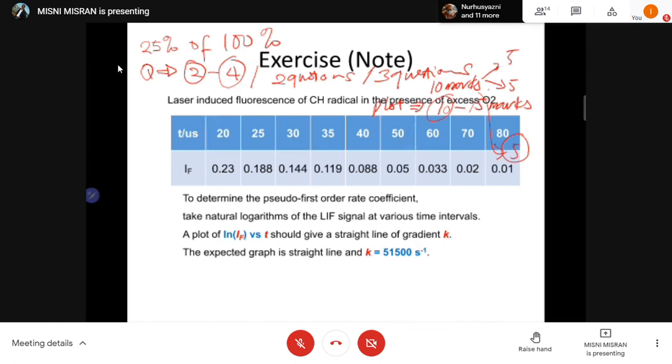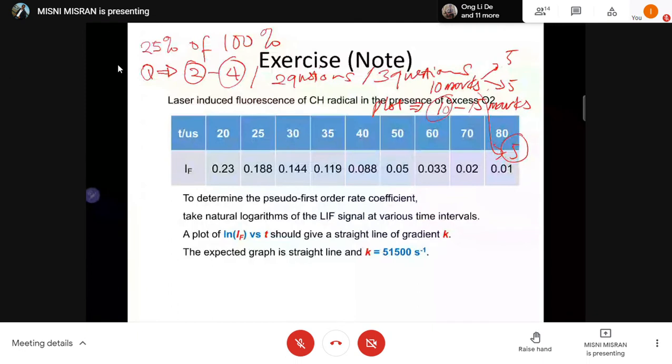We go back to the question that we flashed out earlier. Laser induced fluorescence of CH radical in the presence of excess O2.